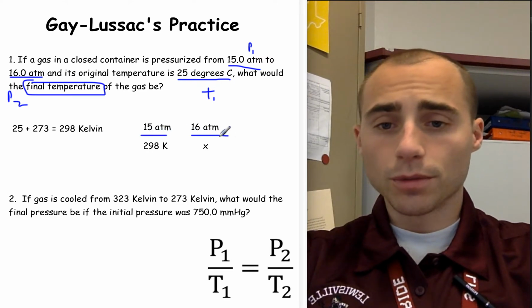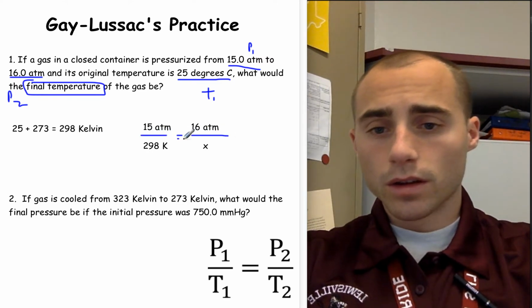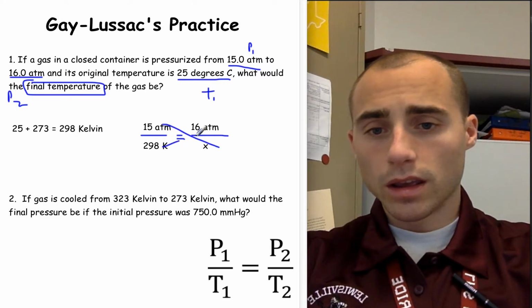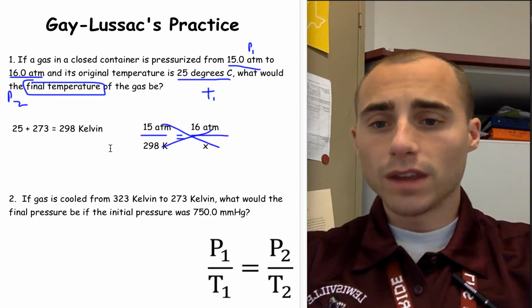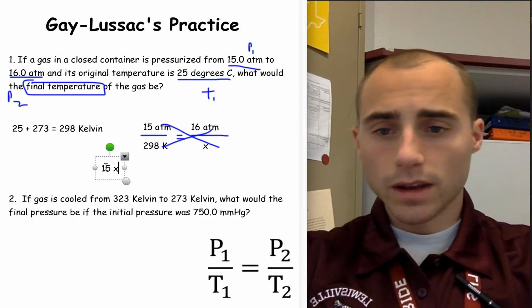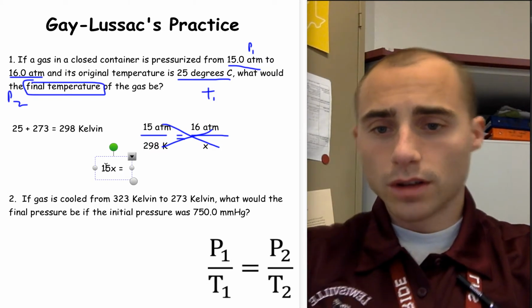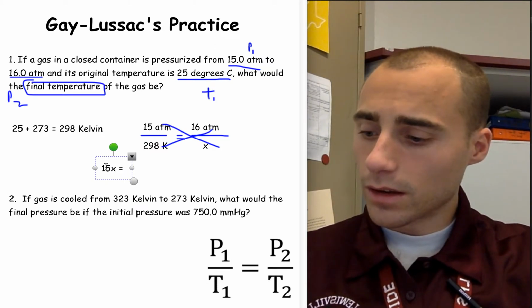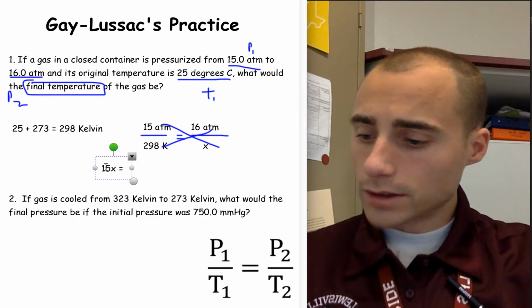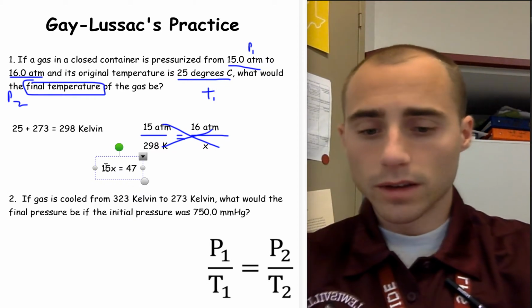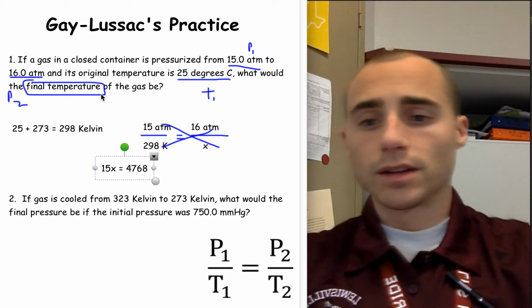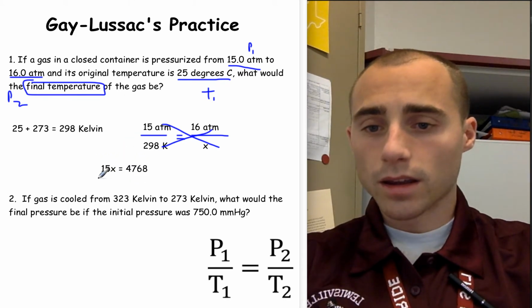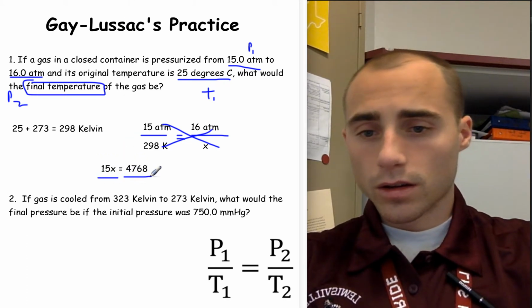We will just cross multiply and we will solve. So you get 15x equals 298 times 16, which is going to be 4768 right there. And then we just divide by 15 on both sides.